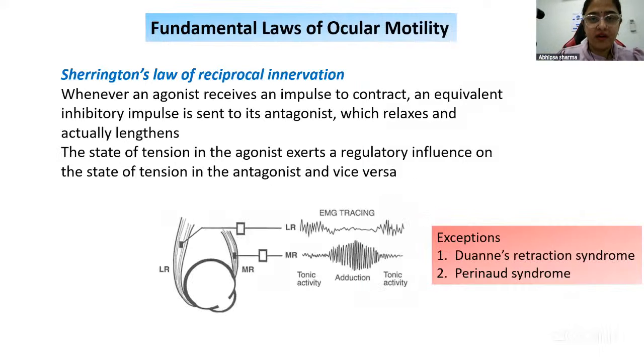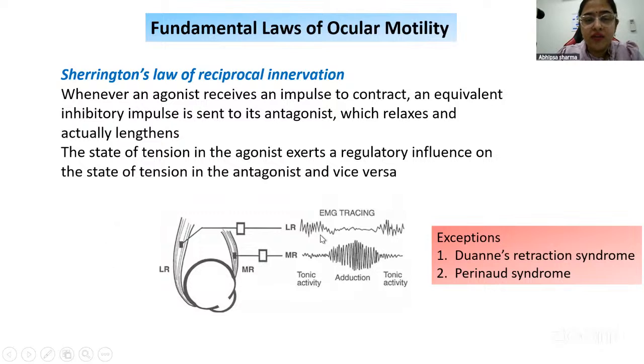Now that we have learned about these definitions, there are the fundamental laws of ocular motility. The third law is Sherrington's law of reciprocal innervation. It states that whenever an agonist receives an impulse to contract, an equivalent inhibitory impulse is sent to its antagonist, which relaxes and lengthens. The state of tension in the agonist exerts a regulatory influence on the state of tension in the antagonist and vice versa.